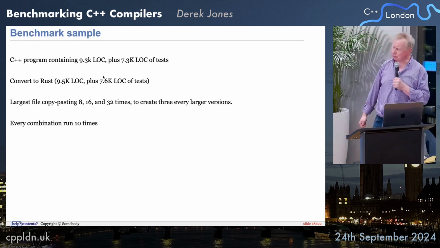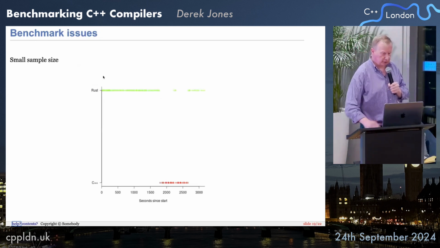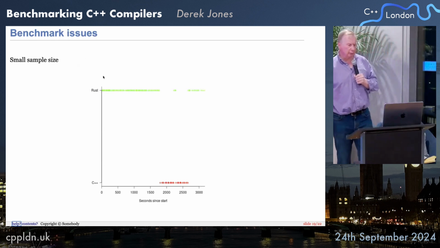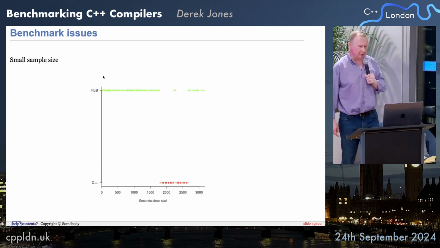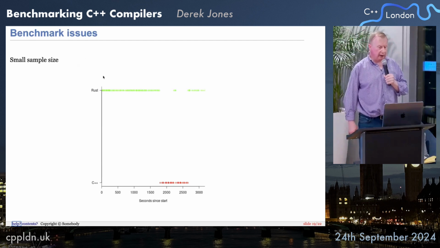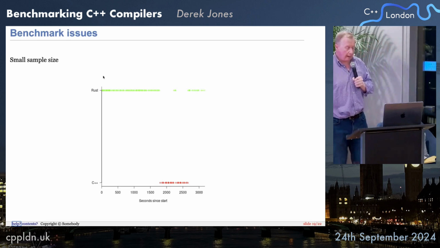So I guess I've got a couple of issues with the sample. The sample size is very small. It's only a few handful of Ks of lines of code. And when you look at how he ran the tests, because the timing data is in the data, he ran all the Rust tests, and then he ran all the C++ tests, and then he ran a few Rust tests again.